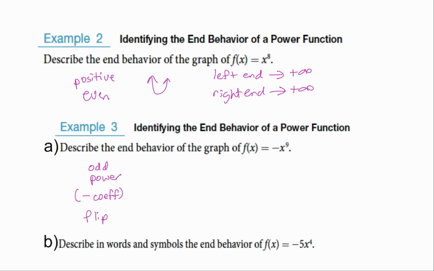So instead of going like a normal cubic, it has to flip over. So by recognizing that it's going to act like a cubic, except that negative in front is going to flip it, we know that the left end is going to positive infinity, and the right end is going to negative infinity.